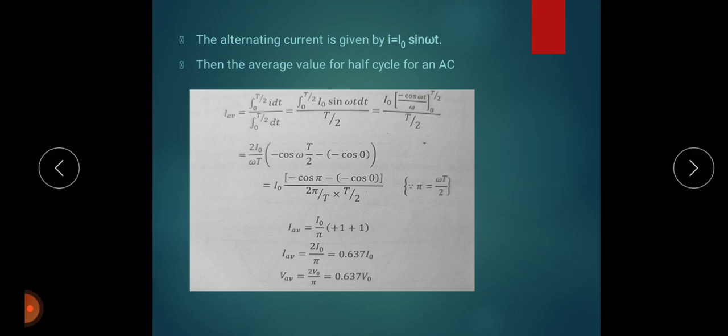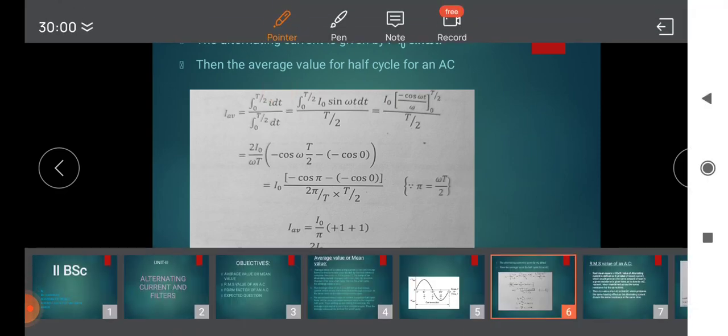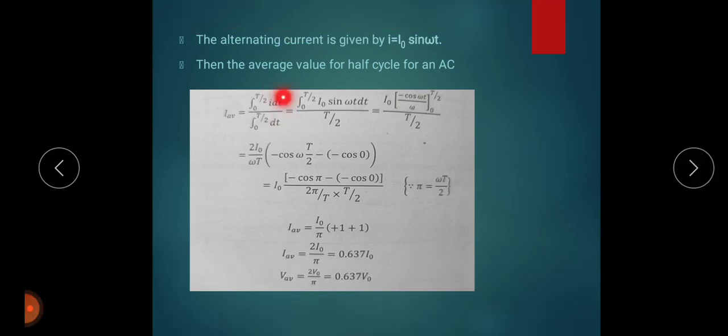So I equals dq by dt, the rate of flow of charge. Here dq can be written as I into dt.